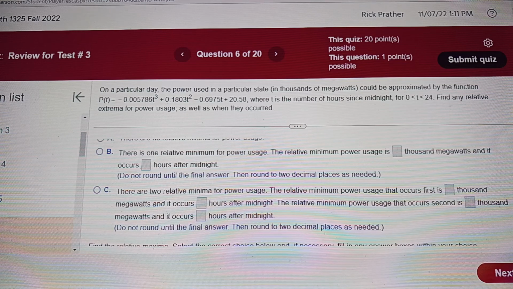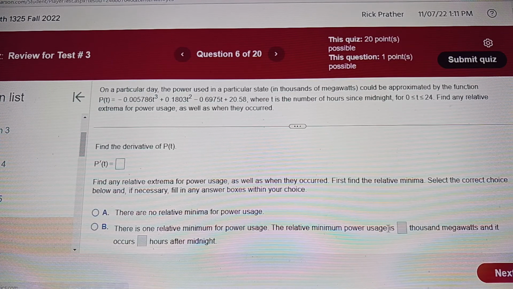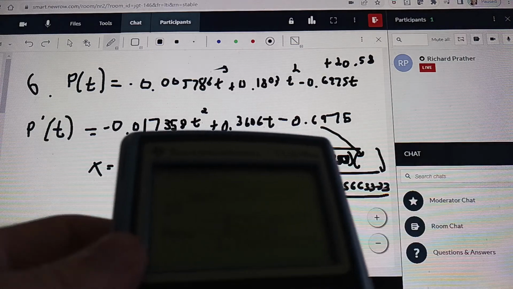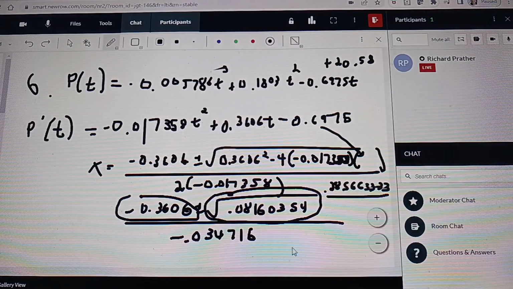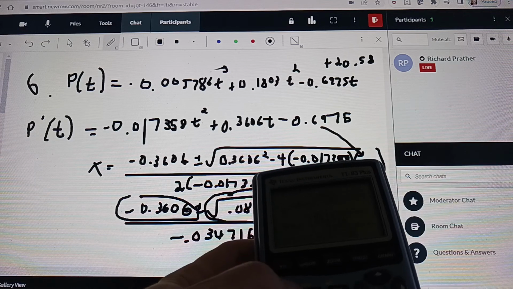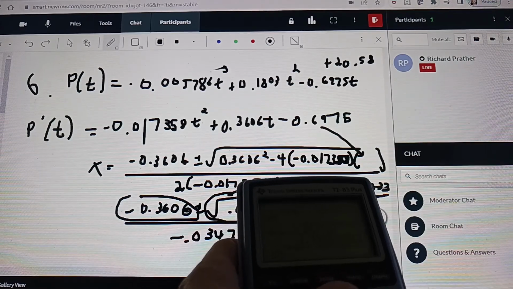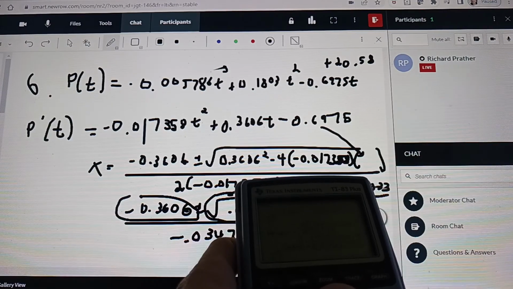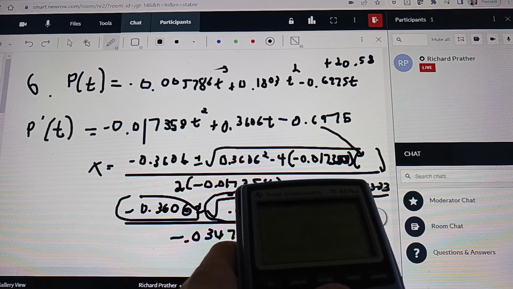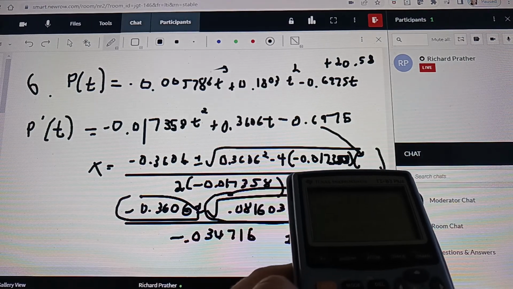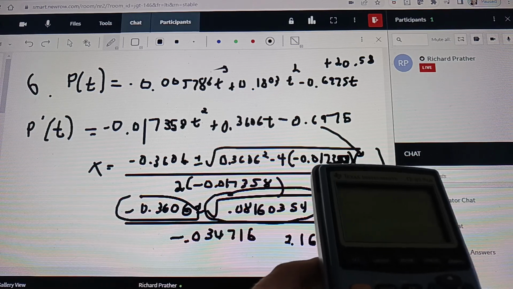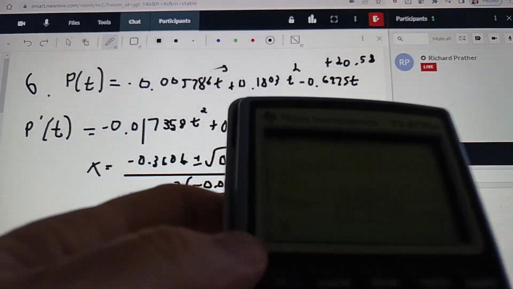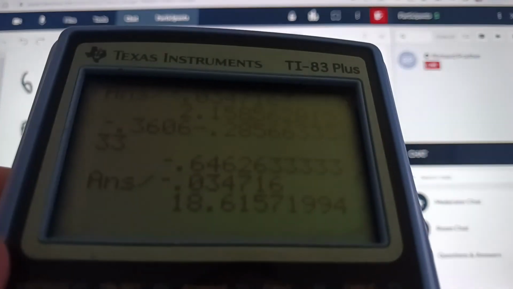Round to 2 decimal places at the end. Okay. So I'm going to make that 2.16. One critical number is 2.16. And then the other one is going to come from doing that negative 0.3606 minus the radical number divided by negative 0.034716. The other answer is 18.62.